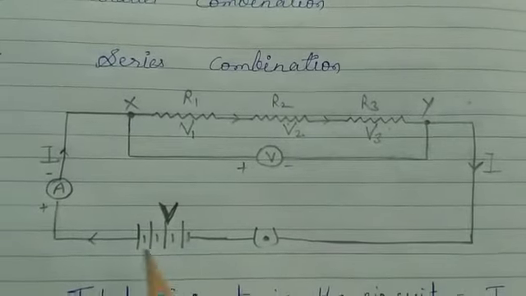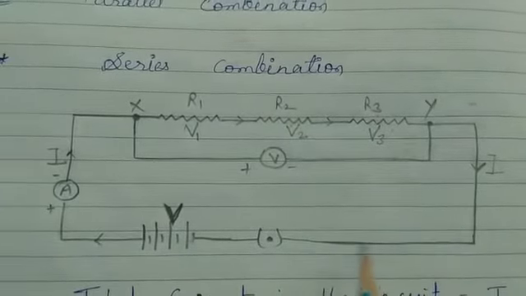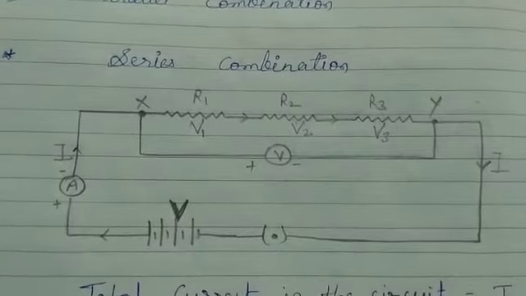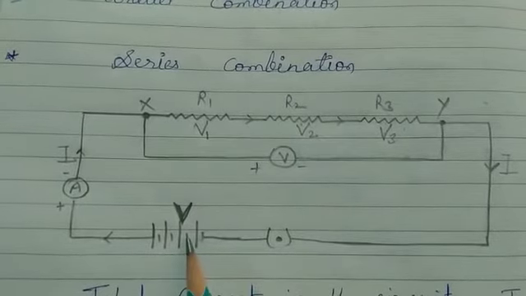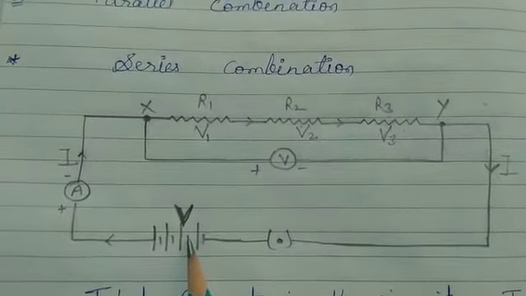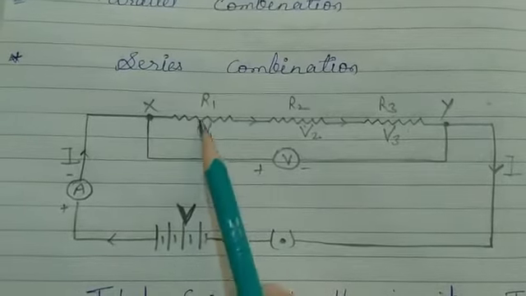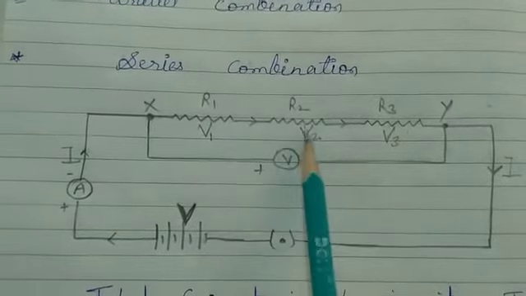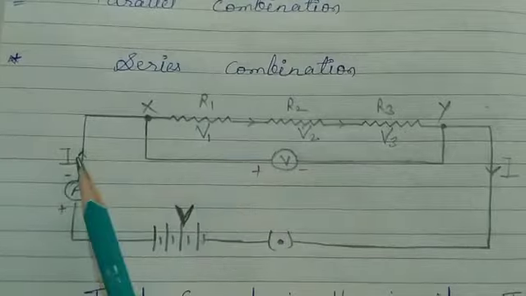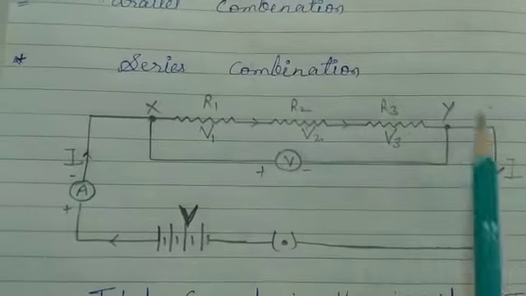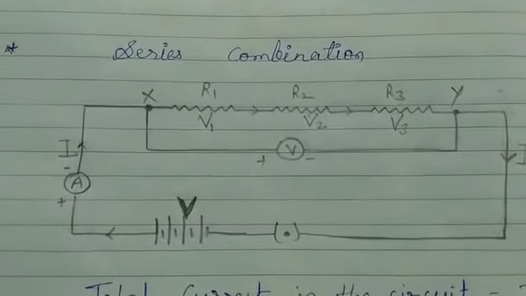So through the whole circuit the same amount of current will flow. The total voltage of the circuit is V, but it is split among the three resistors as V1, V2 and V3. But the current I is the same in the overall circuit.